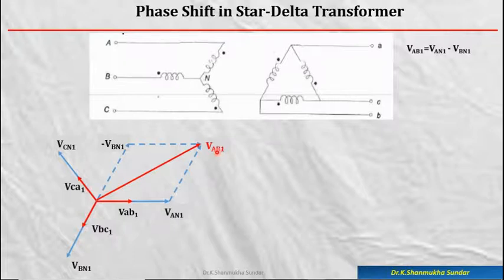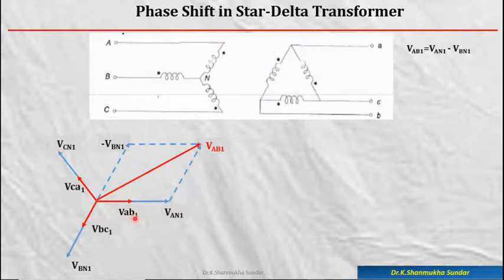Okay. Now what is the line voltage on star side? VAB, this is the line voltage. Now what is the corresponding line voltage on delta side? It is ab, that means this one, that is Vab1. Here this is the positive sequence line voltage on star side, and you see Vab1, this voltage, we have represented here.